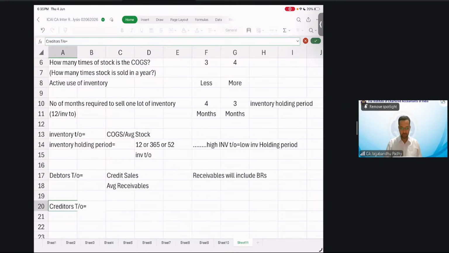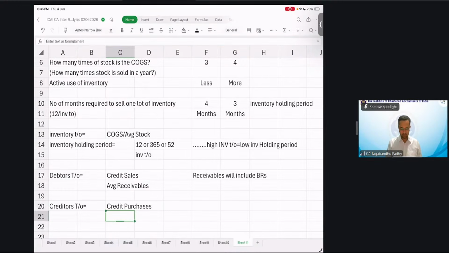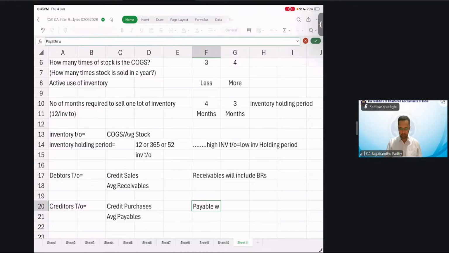Creditors turnover ratio is going to be equal to credit purchases divided by average payables. And remember, the payables will include bills payables.